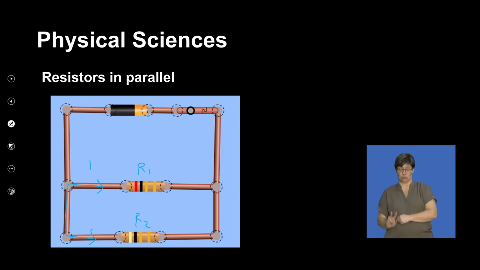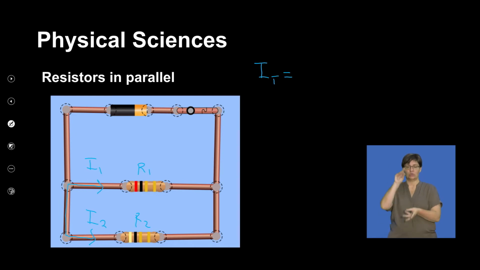So that's your current 1 and that's your current 2. If you add the current that is split, current 1 plus current 2, it must give us the total current. In this case, the total current equals current 1 plus current 2, because we only have two resistors connected in parallel.